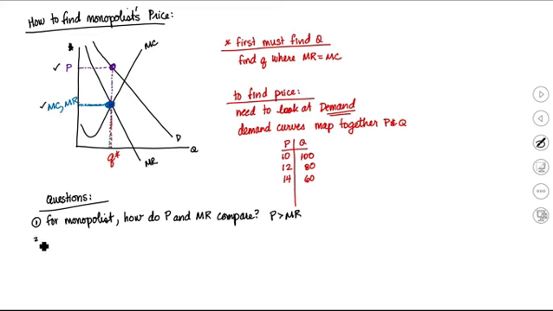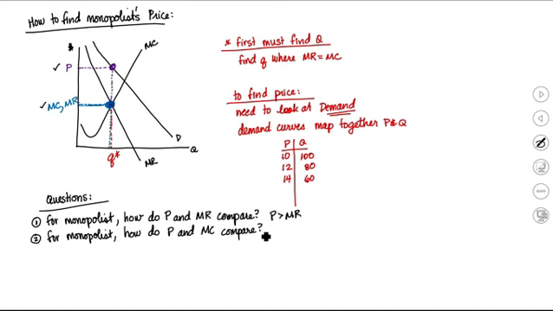Okay. And number 2, my second question for you is, for a monopolist, how do price and marginal cost compare? How do price and marginal cost compare?